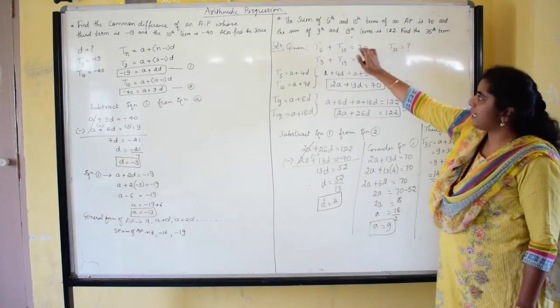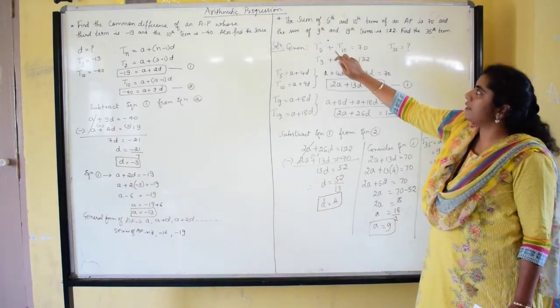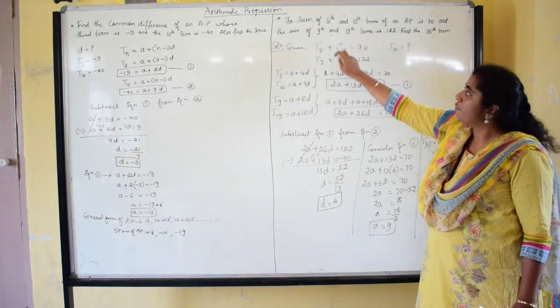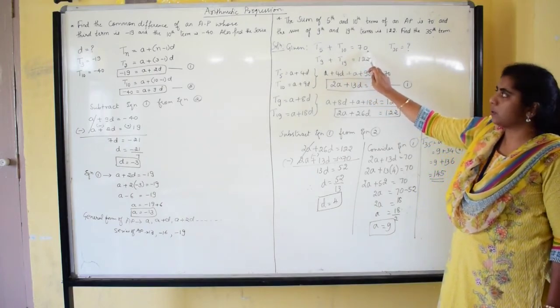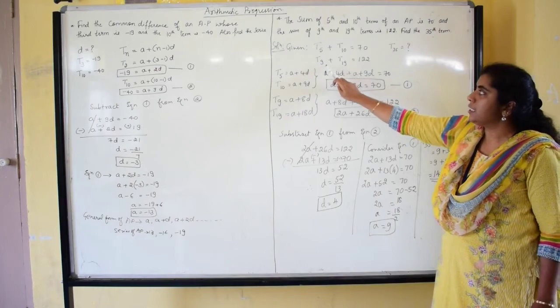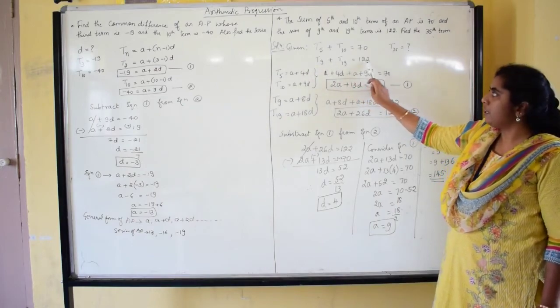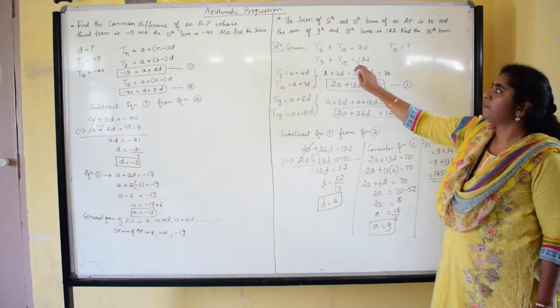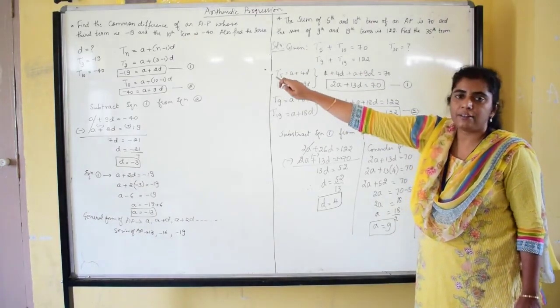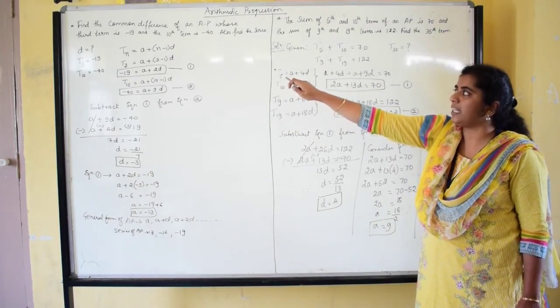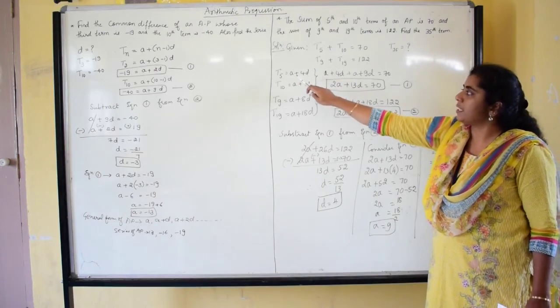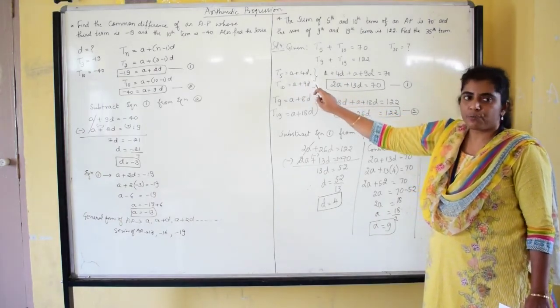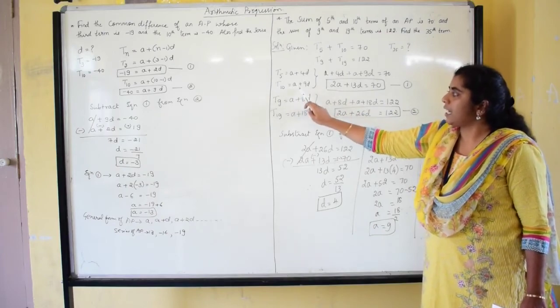So here again I repeat: the 5th term is given, the 10th term is given. If we add the 5th and 10th terms, the total value is 70. If we add the 9th term and 19th term, the total value is 122. As per the formula Tn is equal to a plus (n minus 1)d, substituting n, T5 becomes a plus 4d and T10 becomes a plus 9d.